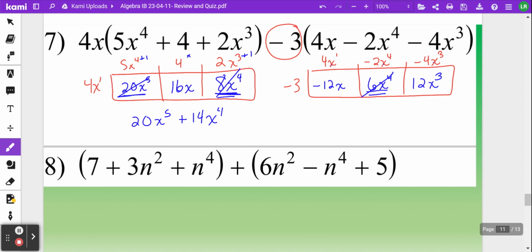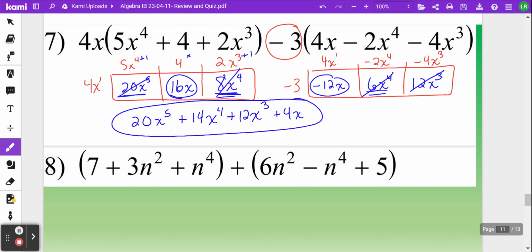Those are done. Then I have this x to the third. It's the only one of its kind, so write it down. And then I have my x's. Okay, 16 and -12. That would be +4x. And that would be my answer.